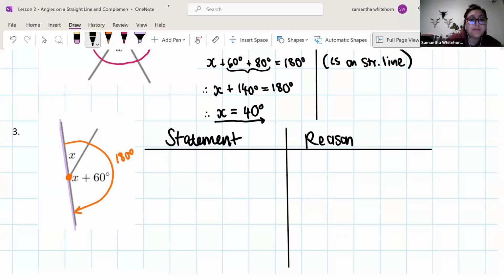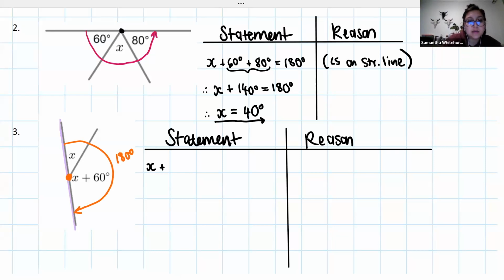Okay, so our statement is that x plus 60 must give us 180 degrees. Now you don't have to use the brackets. You can if you want. I'm just using brackets to show that it is my second angle that I'm adding, but you don't have to. Reason: angles on a straight line.